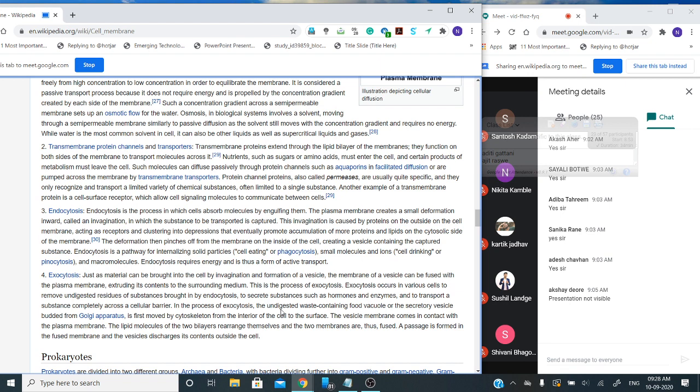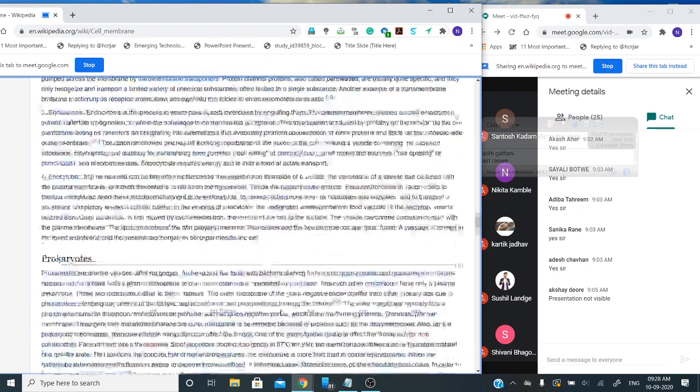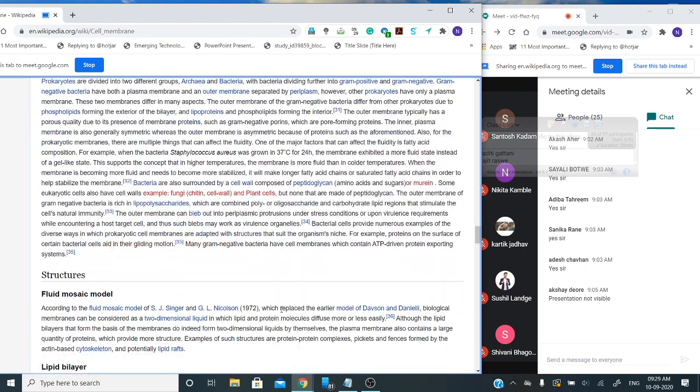Aquaporins we have seen recently in diuretics, that is, only water passes there. All the transmembrane transporters I told you about, for those who are interested in more details, there are very nice chapters, particularly in Goodman, a very good chapter on all types of transporters, SLC transporters, ABC transporters, their classification, and how they are present. I suggest you read it once. Then next we have seen endocytosis, exocytosis, etc. So these are all the variety of functions they are performing.